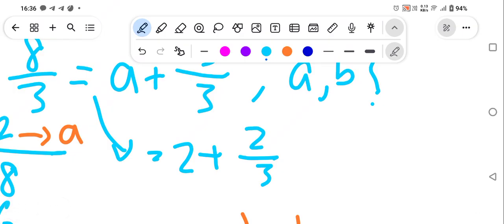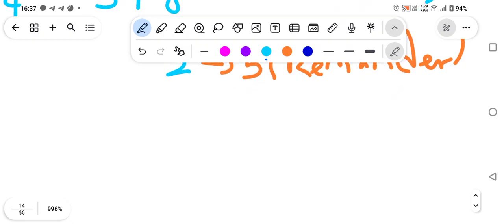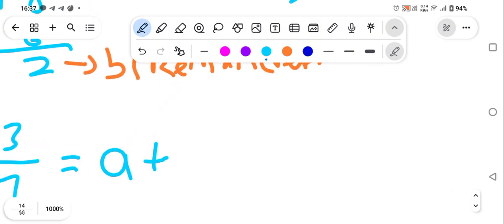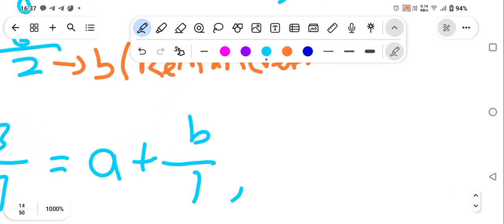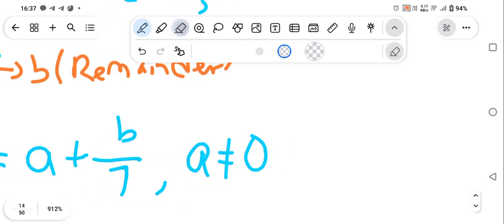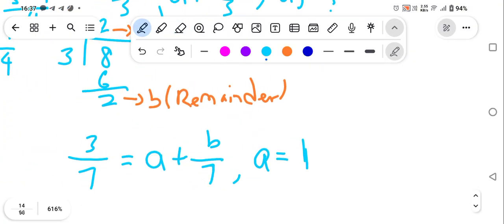Alright. So now, what if I want to express 3 over 7 in terms of a plus b over 7, but a is not equal to 0, or I'm going to let a equal 1.